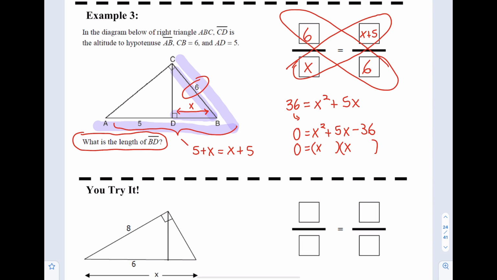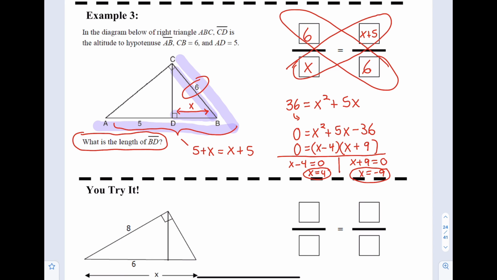Two numbers that multiply to negative 36 but add to positive 5. 4 and 9 both multiply to 36, and when I add positive 9 and negative 4, I get positive 5. So the factors x minus 4 and x plus 9 will be our factors. And when we set each of these factors equal to 0 and solve for x, we get 2 answers for every quadratic equation. So in this case, we get positive 4 and negative 9.